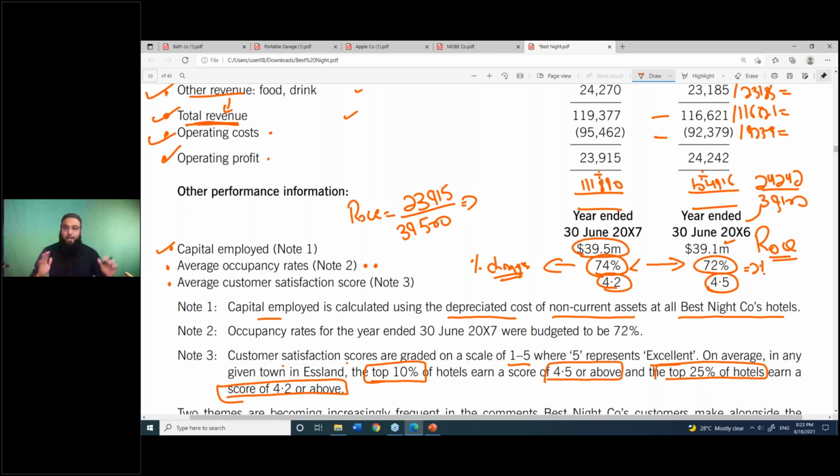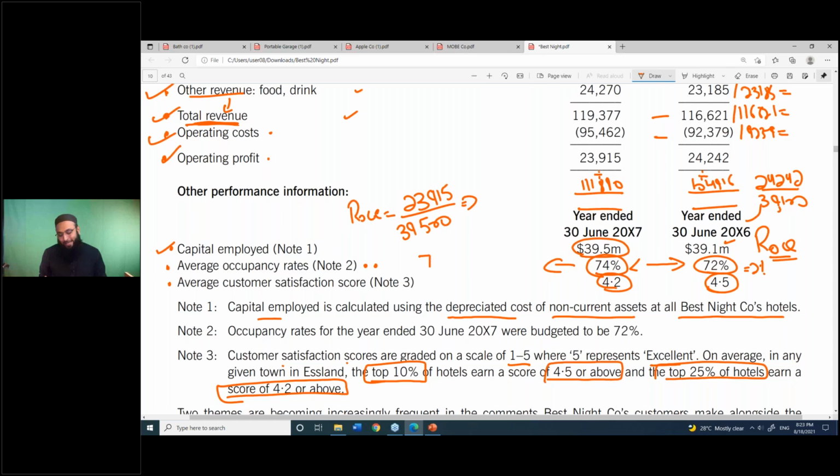Okay, done? ROS done. The last thing I need to work out here before I give you the break is the percentage change in occupancy rate. Now, this is specifically mentioned in the examiner report. You have to keep this in your mind. You have to work out the percentage change in the occupancy. How will you do it?